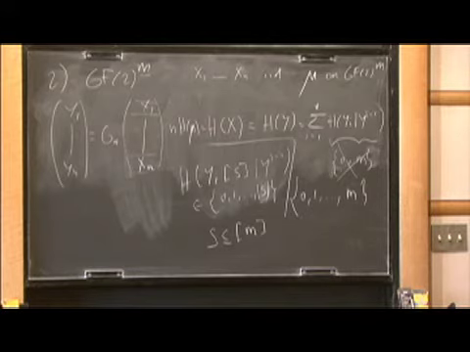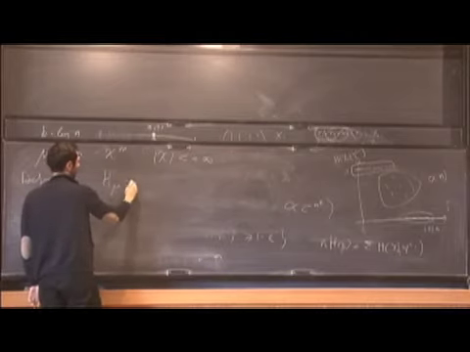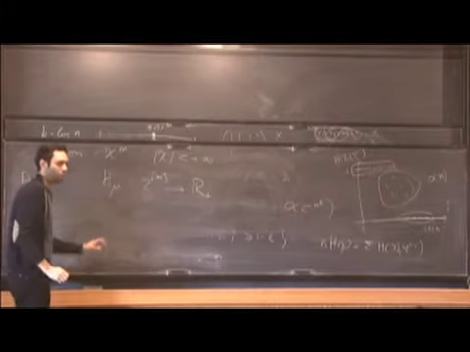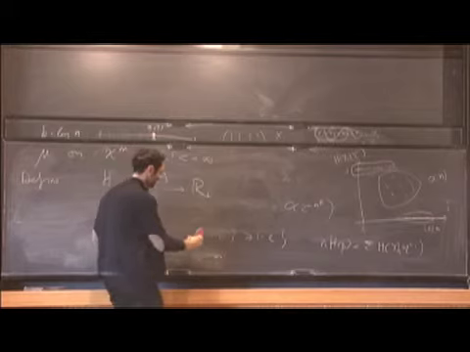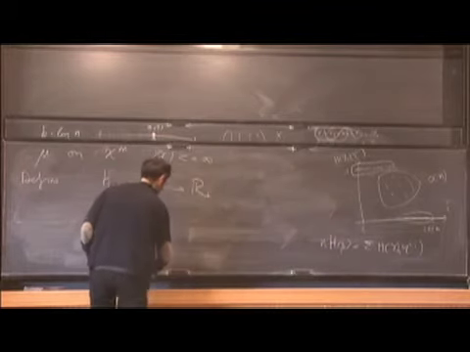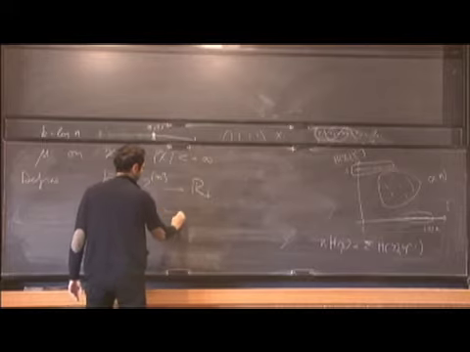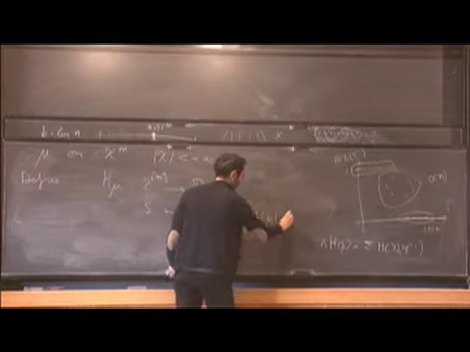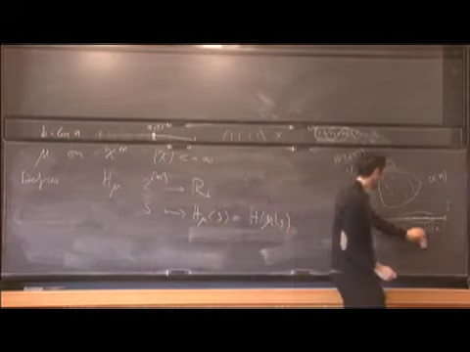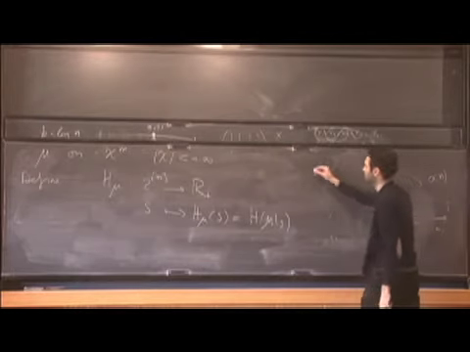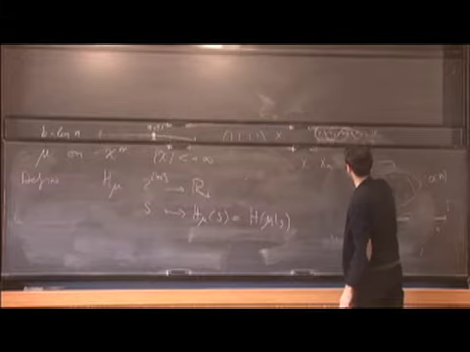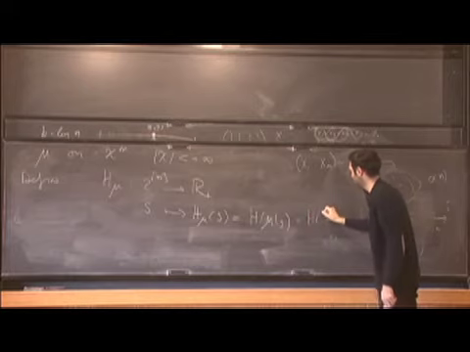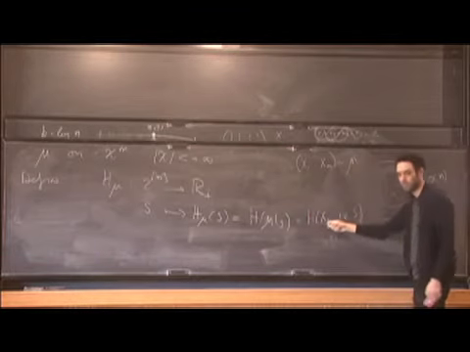Now define this map, h of mu, which takes every subset of m and maps it to the entropy of mu restricted to the components indexed by S. So if X_1 up to X_m is your m variables distributed according to mu, this is just the entropy of the X_i's, where i is in the set S.